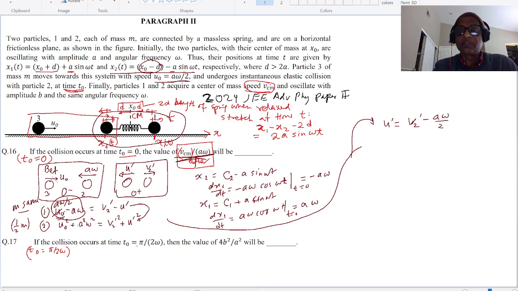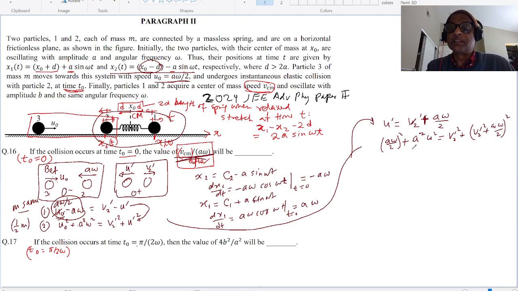If I plug in there, this becomes plus. Now put in here, this is a omega over 2 squared plus a squared omega squared equals v2 prime squared plus v2 prime plus a omega over 2 squared. Just to expand this, this is 5/4 a squared omega squared over here.